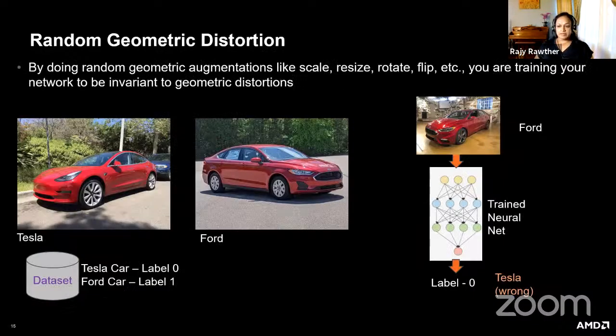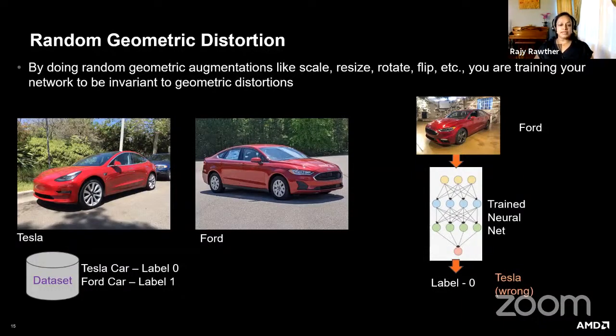Here is another example, a hypothetical one where random rotation is important. Imagine that you have a hypothetical data set for classifying the class of a car as Tesla or Ford. And imagine that in your data set, most of your Tesla cars were facing left and most of your Ford cars were facing right.